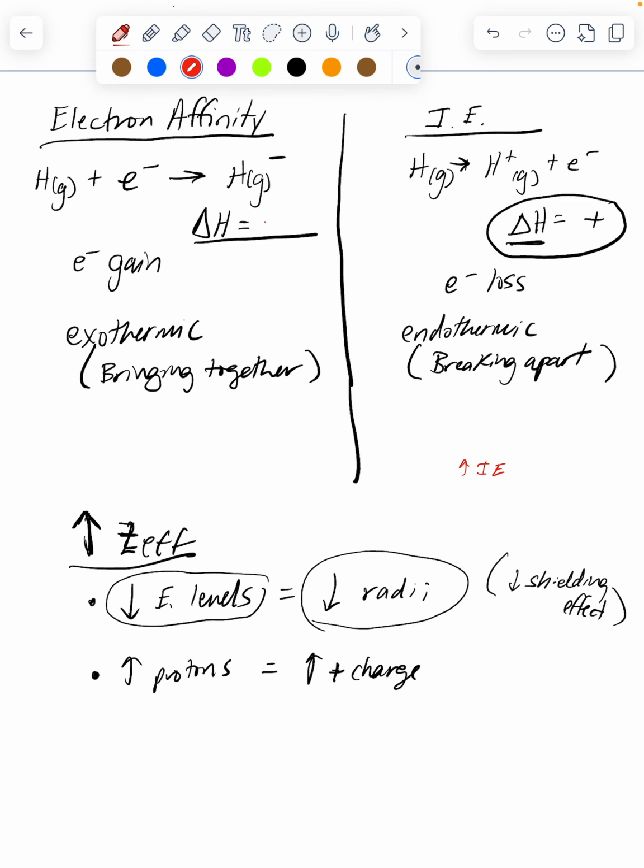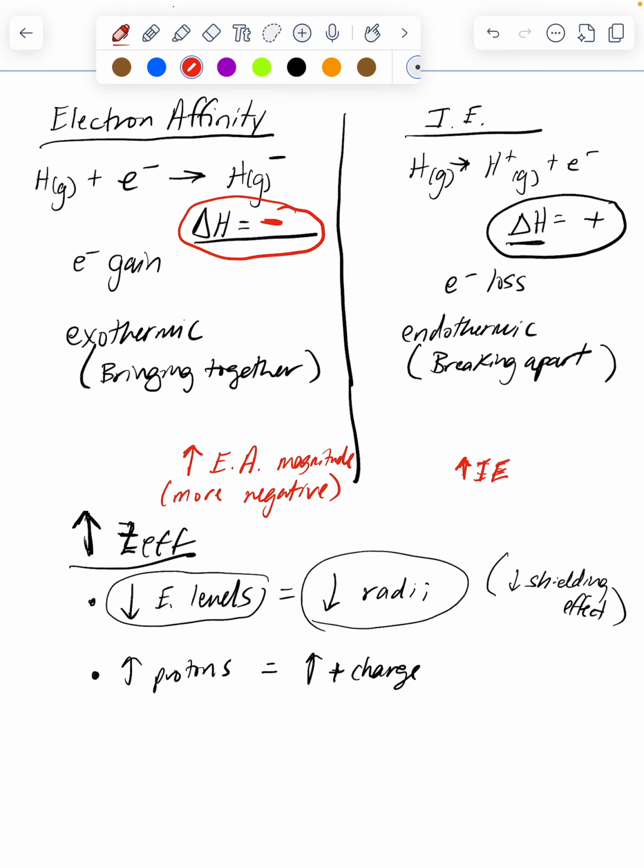Now, they are going to be negative because they're these exothermic values, and so when energy is released from a system, we say that the energy change is negative because they are releasing and losing this energy to their surroundings. So in terms of the magnitude, both of these things are going to be bigger. So we'd say we're going to increase the electron affinity. But when I say that, I mean it's going to get more negative. More energy is being released. So it gets kind of tricky when we talk about negative values. But both of these values increase as the effective nuclear charge goes up.